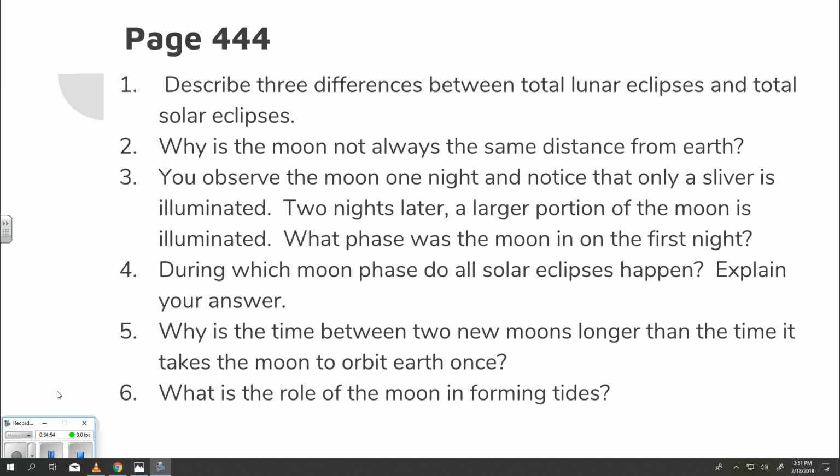New moon, because the moon's shadow falls on the Earth as it moves between the Earth and sun.